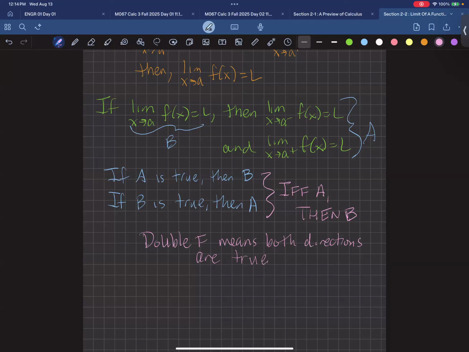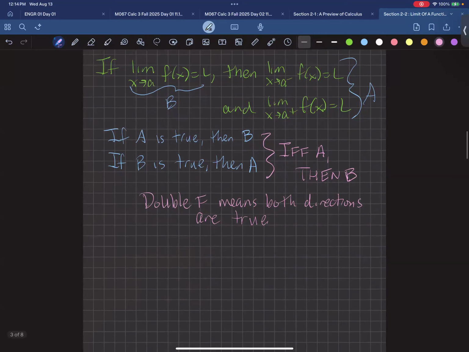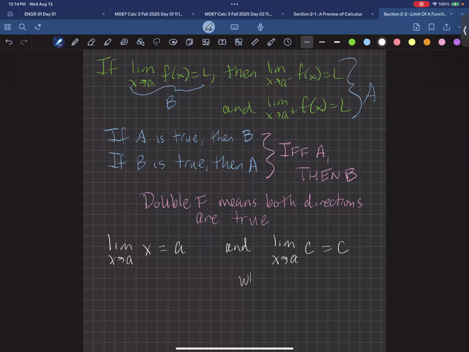Okay. There are two basic limits that are very universal. The limit as x approaches a of x equals a, and the limit as x approaches a of c equals c, where c is a constant value.